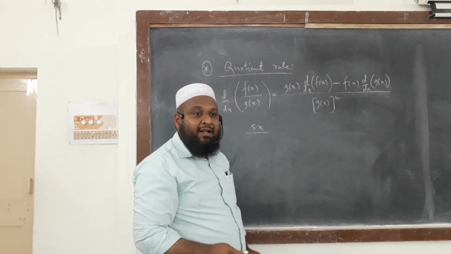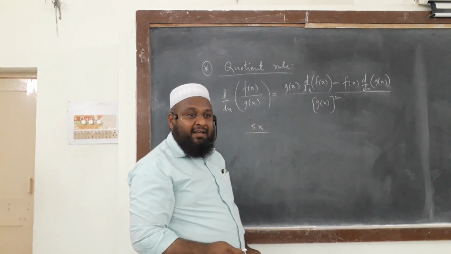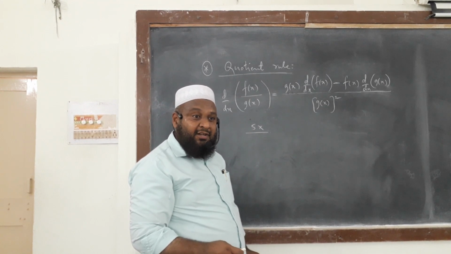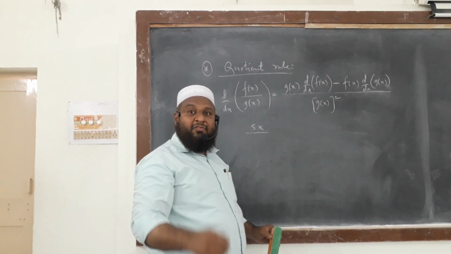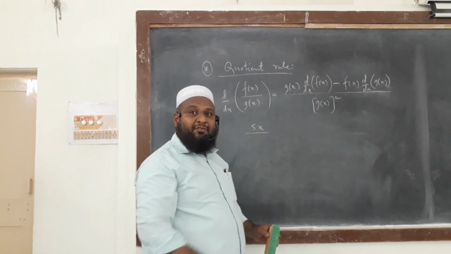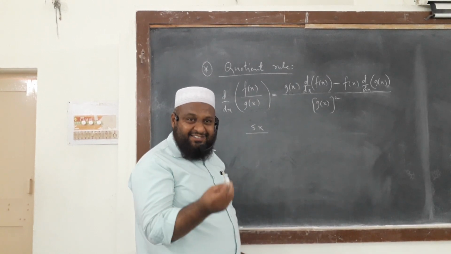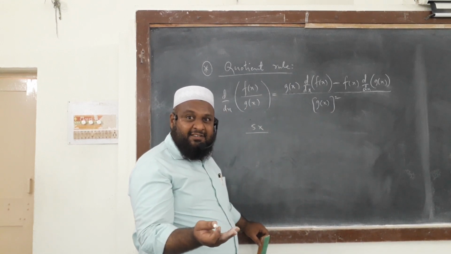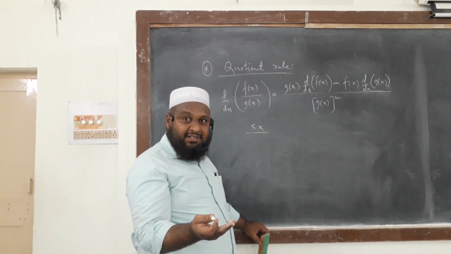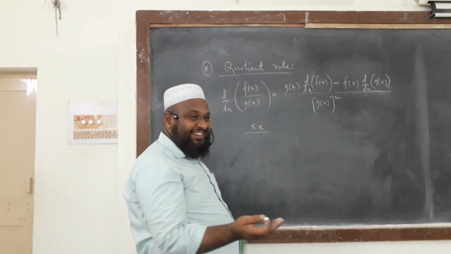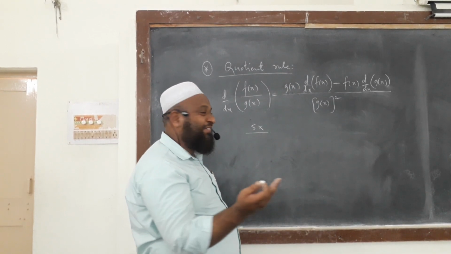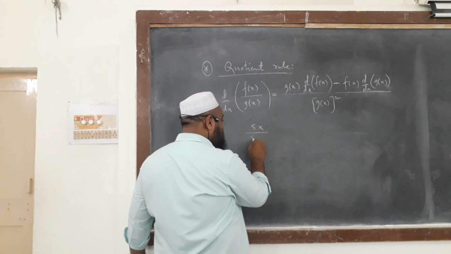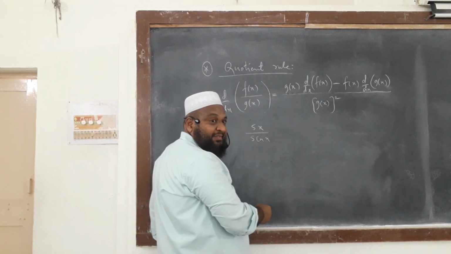Or 3x. X will cancel, only it will be a constant. Or tell some other function. This is like x power n. What is that f? Oh, so nice. You tell sin x, for example.